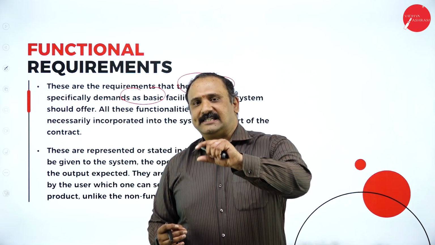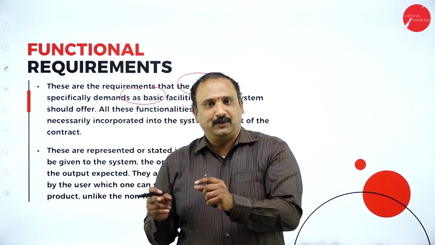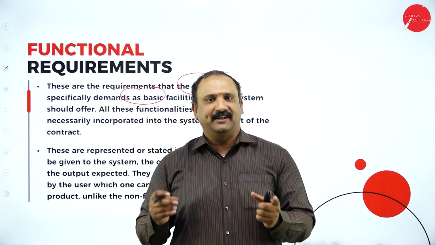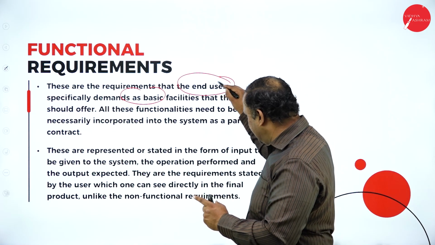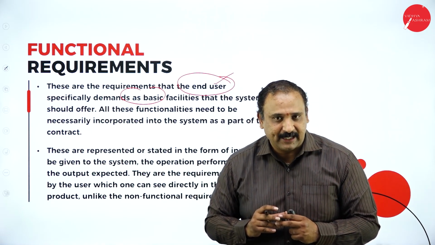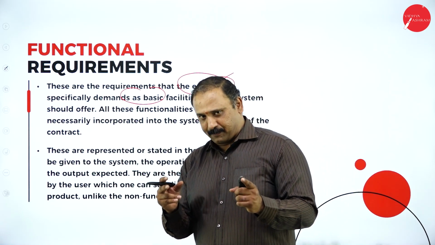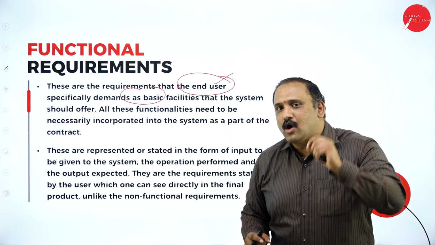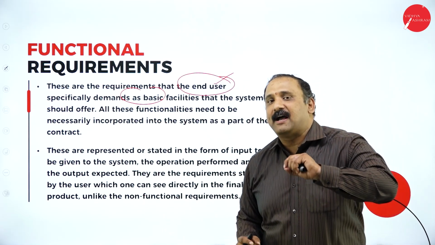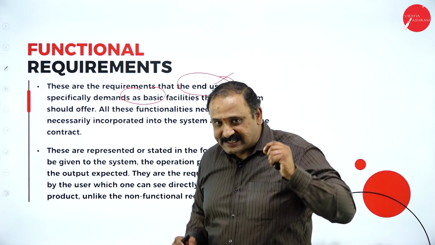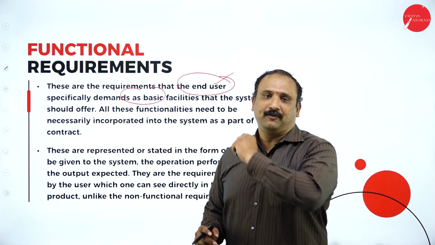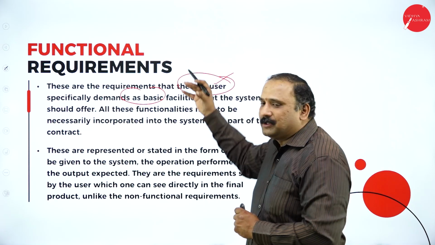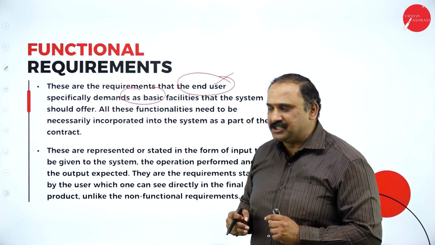The moment the system hangs or you're not able to get to the end of the application, you get irritated because as an end user, you always feel that the functionality is not properly mapped. So when a user is not able to get satisfaction out of the facilities that are mapped out in any given structure, then automatically you've missed out on the functional requirements.